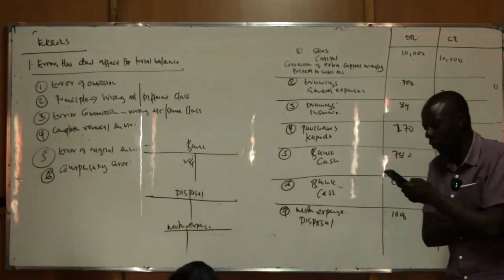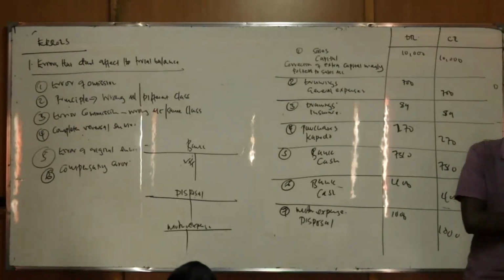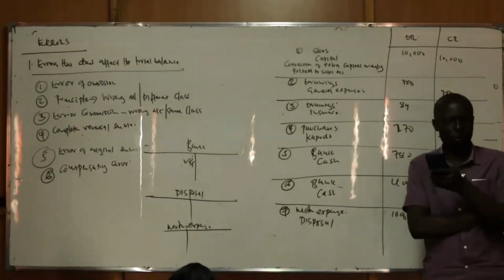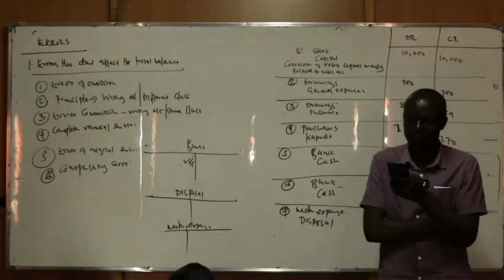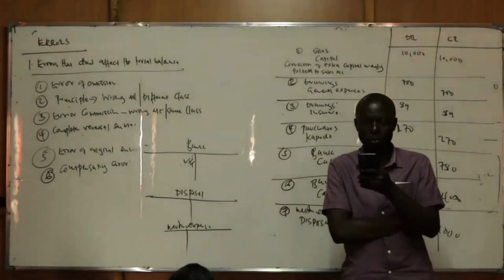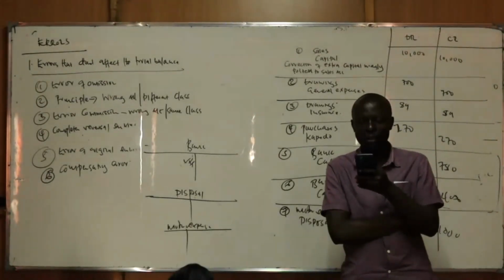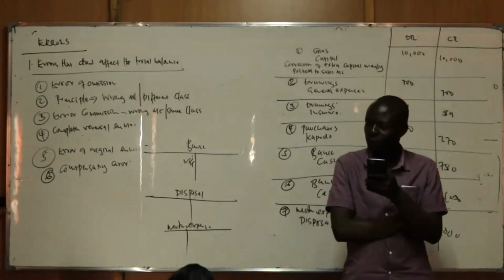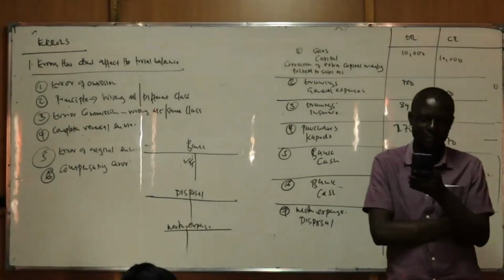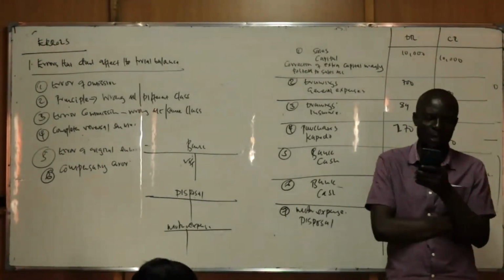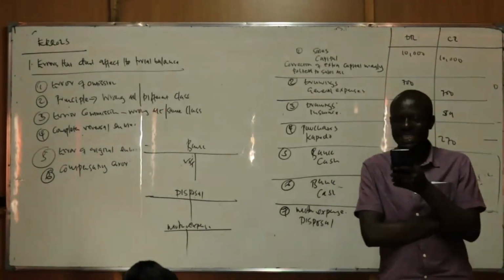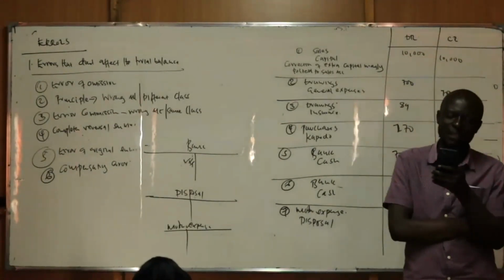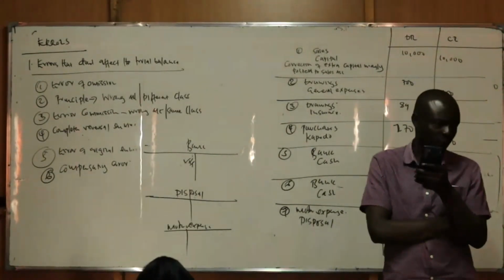And then we have been told, further investigation revealed the following. Number 1, the closing stock includes damaged goods, which although they cost 10,000, have an estimated sales value of 7,500. Number 2, debtors include 20,000 in respect of a customer who has gone bankrupt.